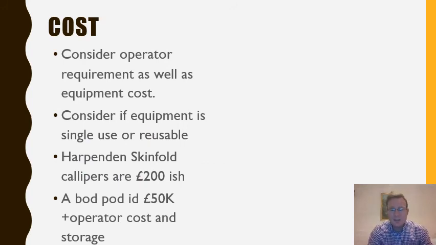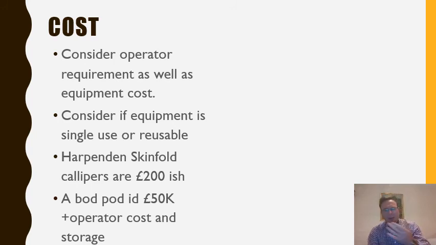And lastly, just considering cost. Again, consider the requirement to have someone present who's skilled in operating the test, as well as just equipment costs. So something like a 3-minute step test, the operator doesn't need to be hugely skilled, but you do need someone there. And again, consider if equipment is single use or reusable.